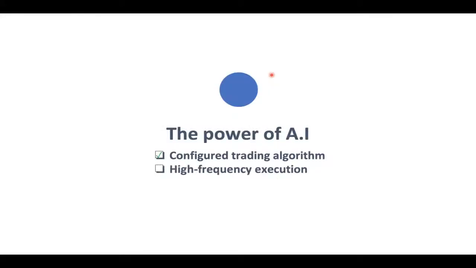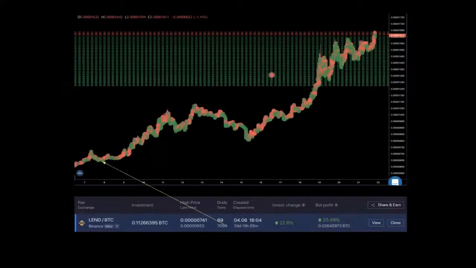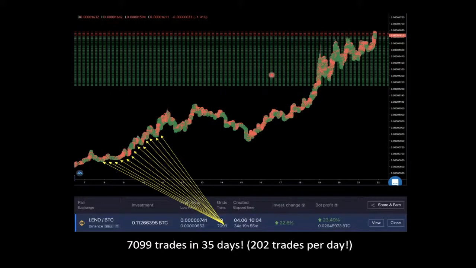With the power of artificial intelligence, we can now achieve high frequency trading. So in this example, I have lent trading to BTC, and it has managed to make 7,099 trades in just 35 days. So that's 202 trades per day consistently without any rest. The bot simply doesn't have any emotions.